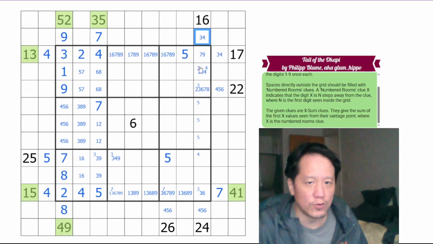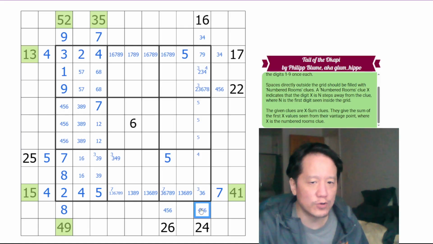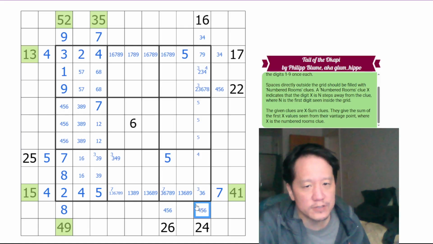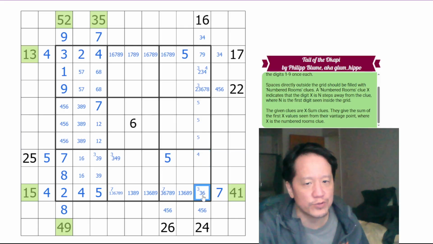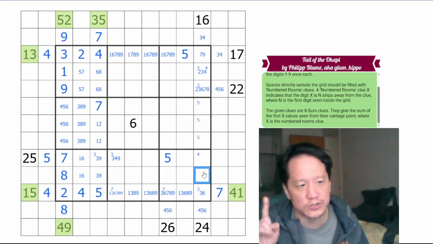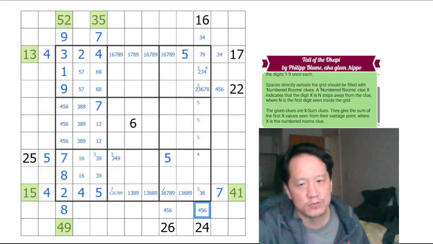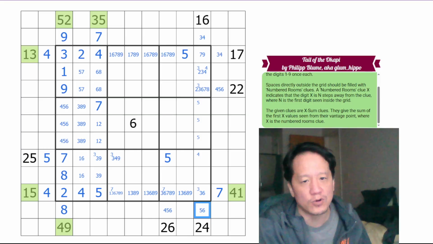If this is 4, that means 4 has to be in the 7th position. So 4 has to be one of these two spots. If 4 is here, that would guarantee that 4 would have to be in the 3rd spot, but that doesn't add up to 24 because we have 4, 3, and 4, which adds up to 11. 24 minus 11 is 13, which a single digit has to add up to, which is not possible. So this can't be 4.